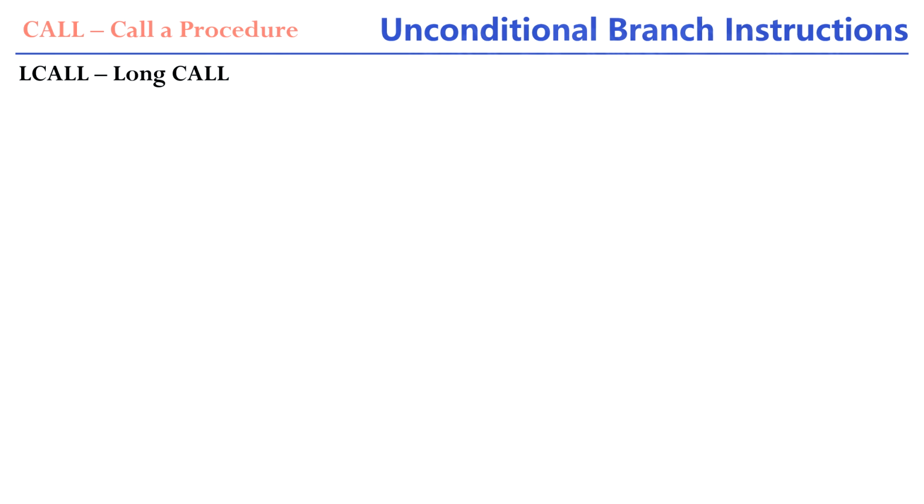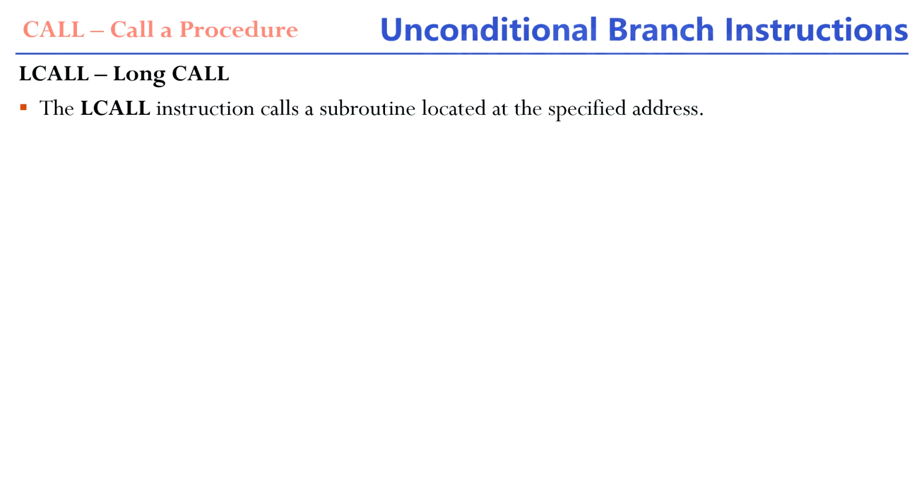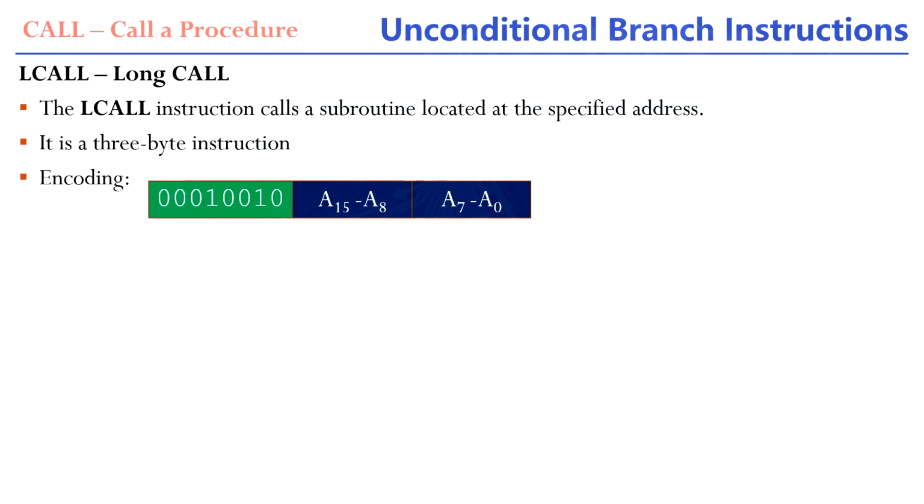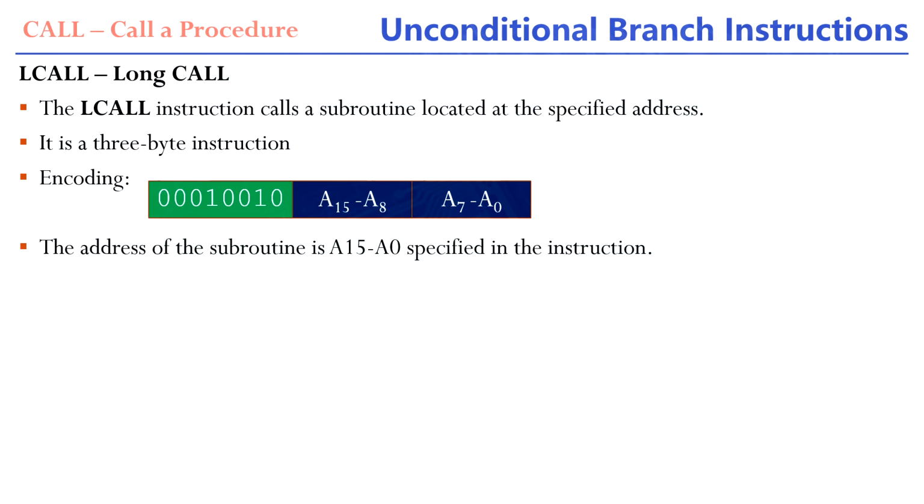LCALL stands for long call. The long call instruction calls a subroutine located at the specified address. It is a 3-byte instruction, and in the encoding the first byte represents the opcode, and the remaining 2 bytes represent the address of the destination. The second byte represents the higher order address, the third byte represents the lower order address of the destination.